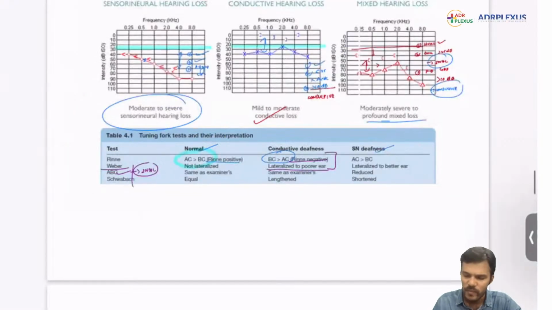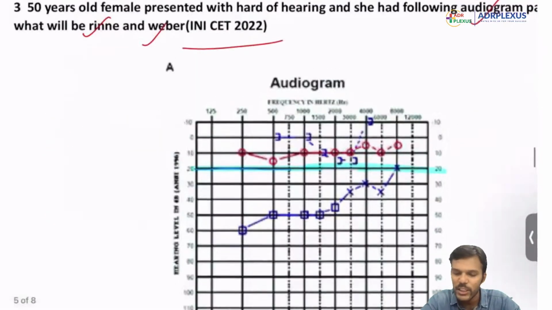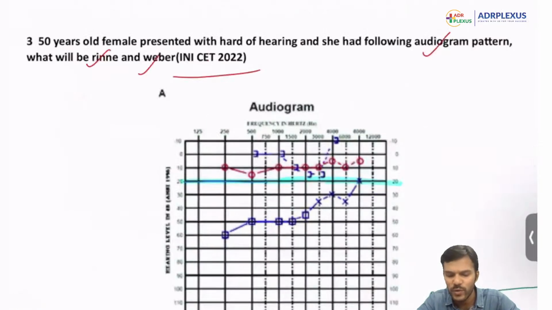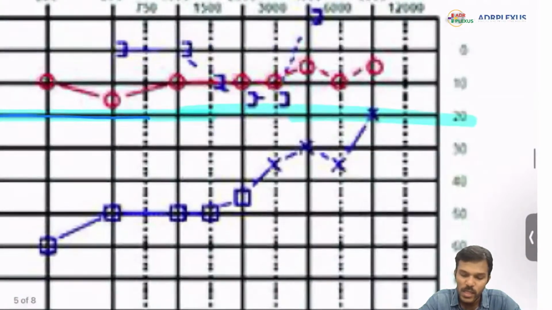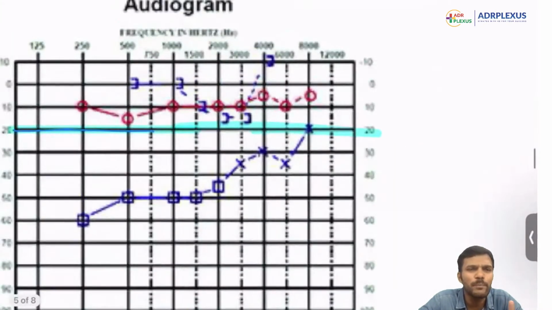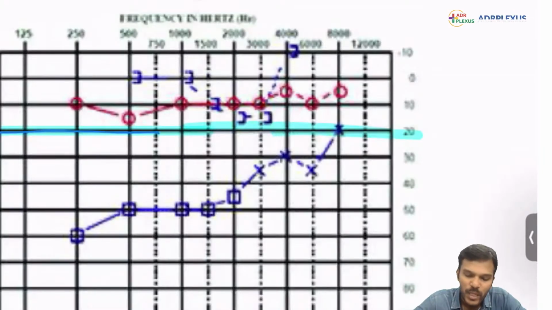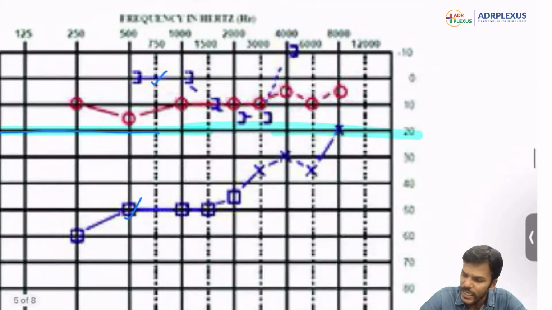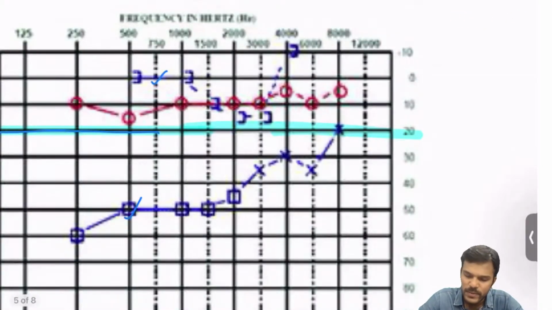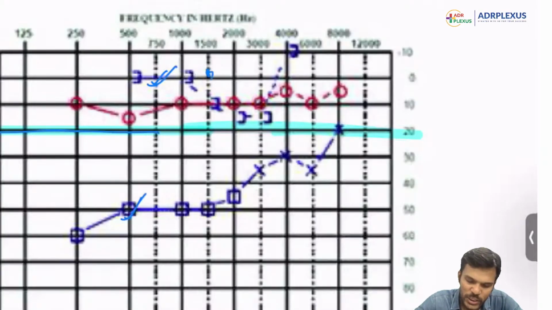Now, with this knowledge, let us combine these 2, the audiogram as well as the tuning fork. Now, this particular picture, here I'll tell you one important rule. Please understand. If you are reading an audiogram graph, you are seeing a left-sided curve plotted in blue, having a bone conduction curve as well as an air conduction curve.